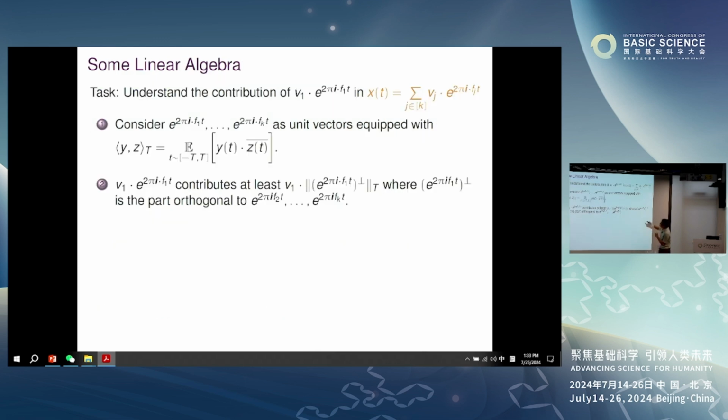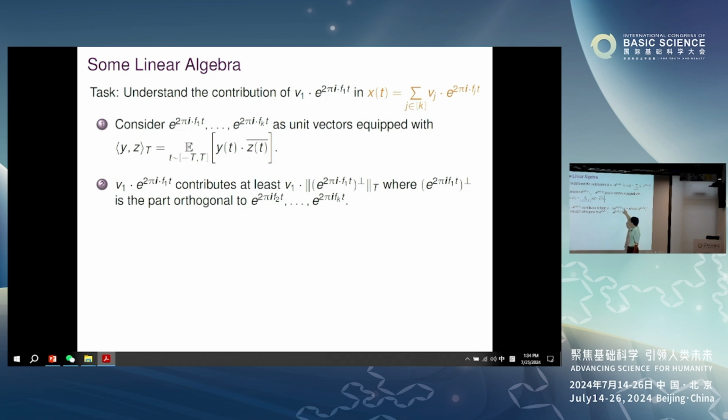As I said, we want to understand the relation between the L2 norm and the Fourier coefficients. This is the same as understanding the contribution of the first vector versus this linear combination. If we think of it as linear algebra, this vector will contribute at least its Fourier coefficient times the orthogonal part. The orthogonal part means the part of this vector that's orthogonal to all the rest of the vectors.